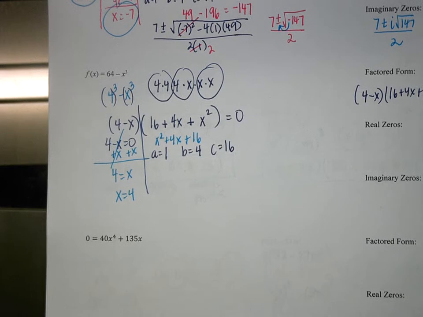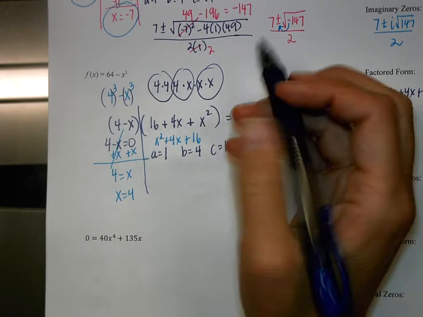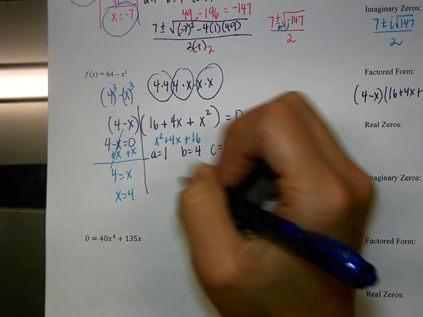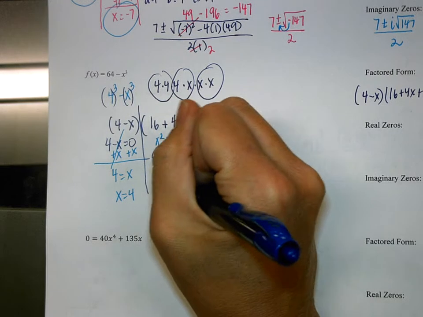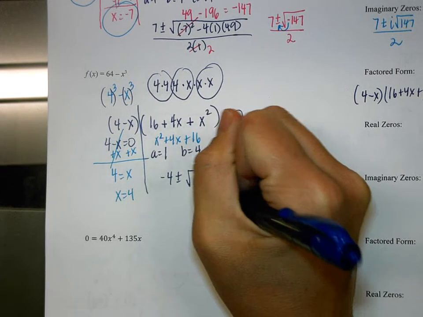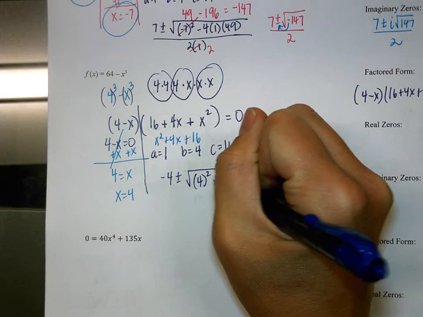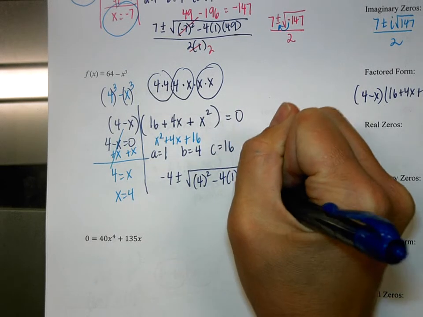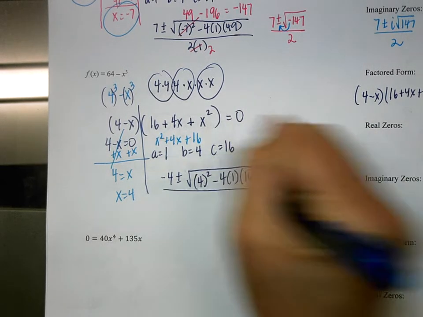So now I'm going to go ahead and use the quadratic formula, and so we get negative b, which would be negative 4, plus or minus the square root of b squared, which is 4 squared, minus 4 times a, which is 1, times c, which is 16, all divided by 2 times 1.